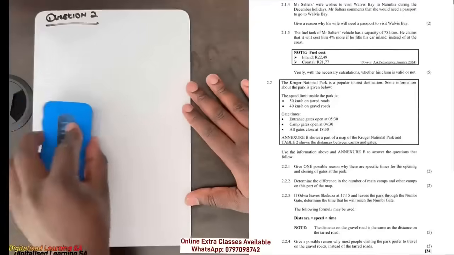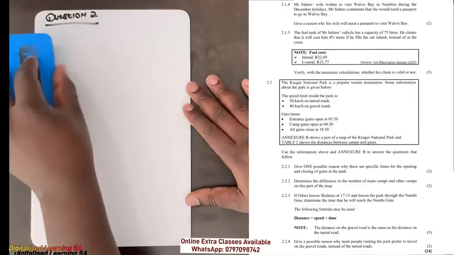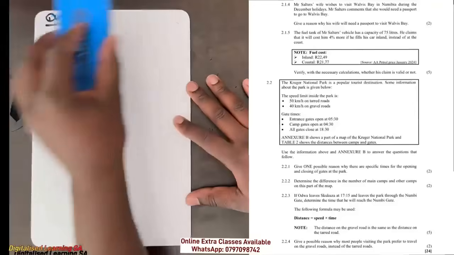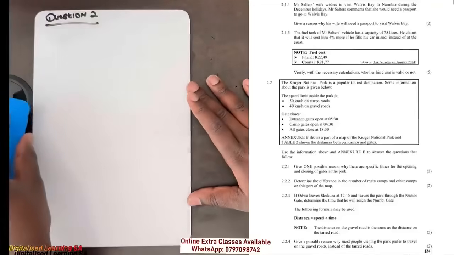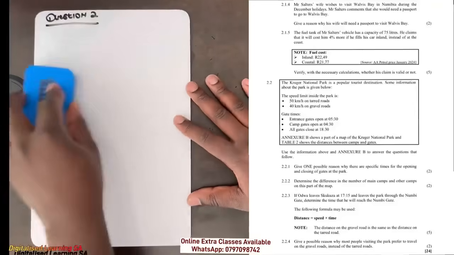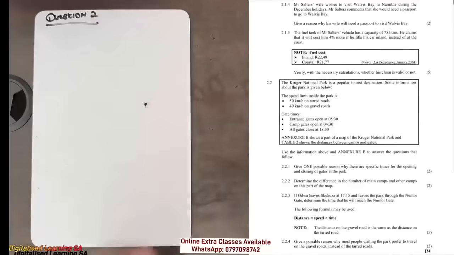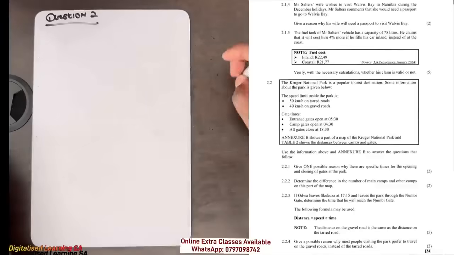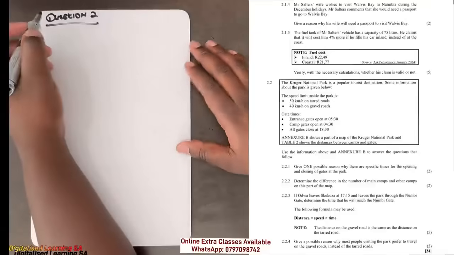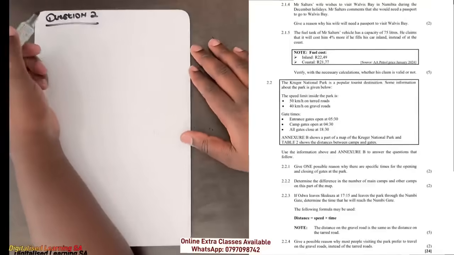You can pause or rewind the video so that you can understand before moving to the next questions.